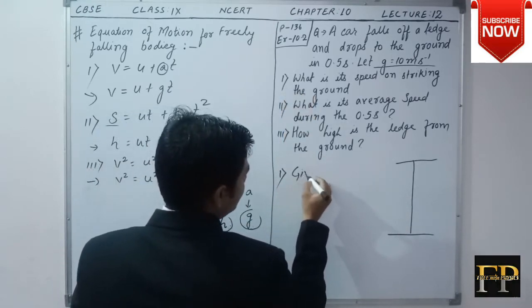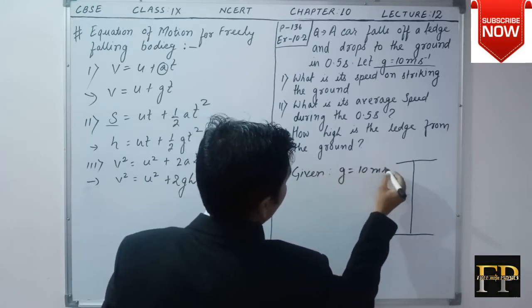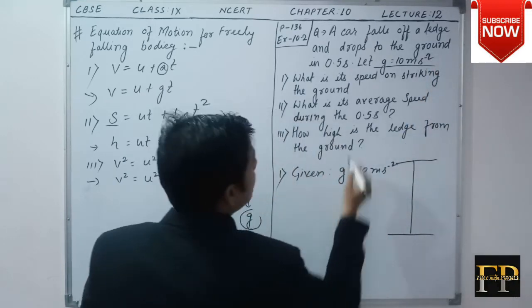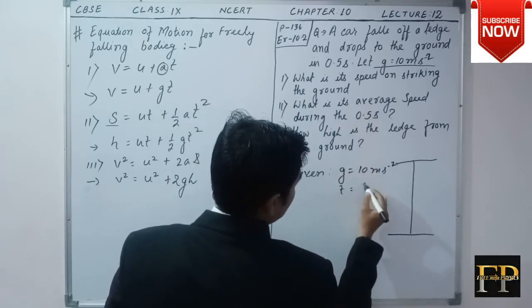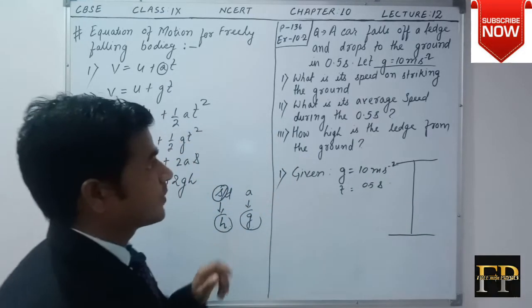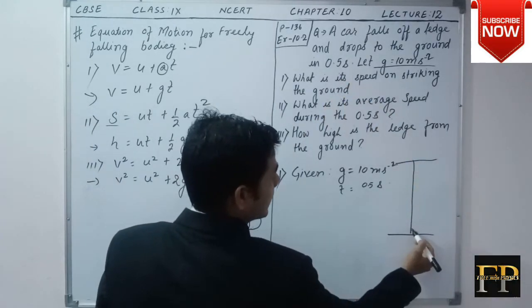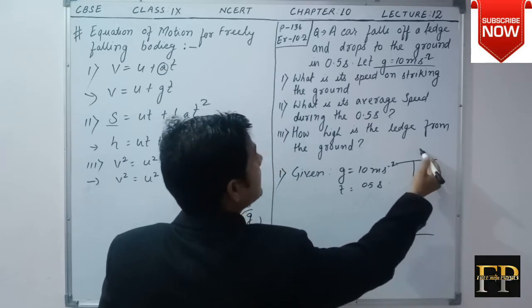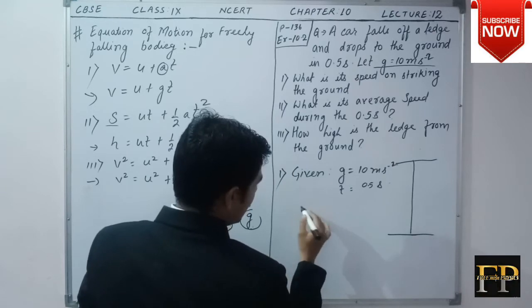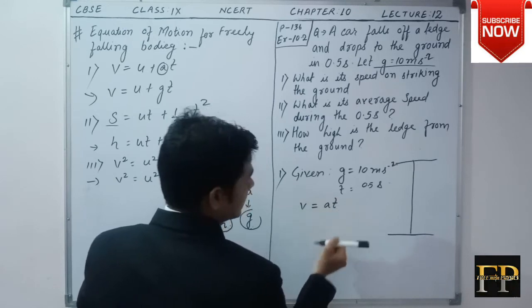First of all we will solve question number 1. Given: g = 10 meters per second squared, and time t = 0.5 second. We have to find the speed with which the car strikes the ground.